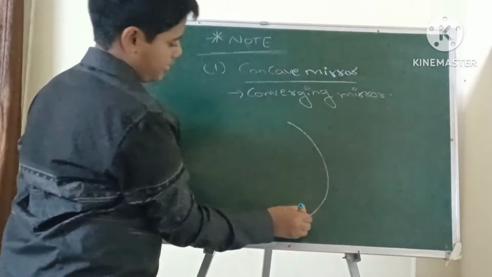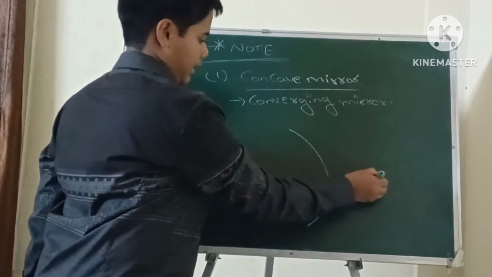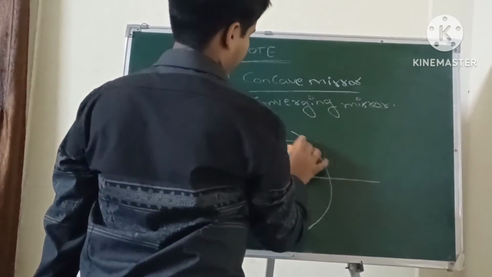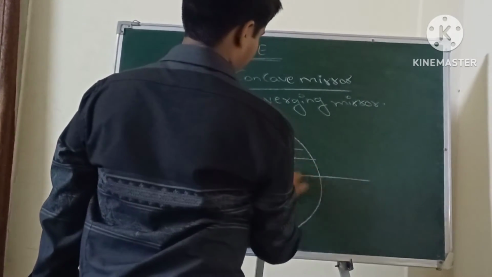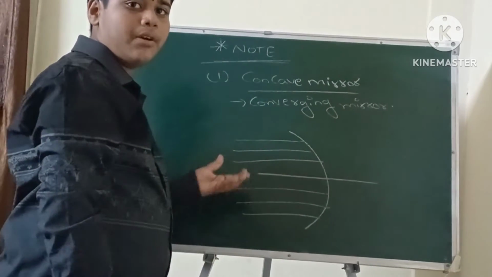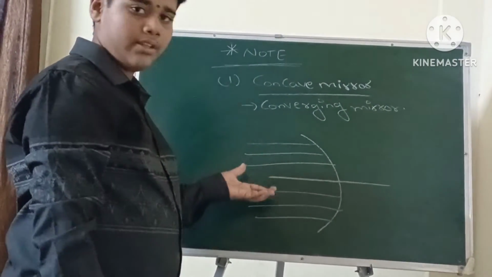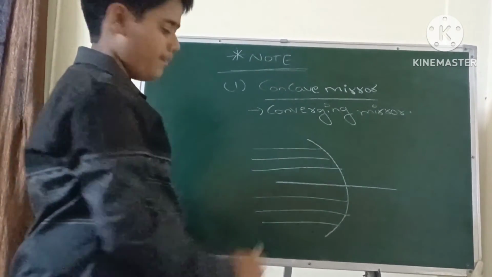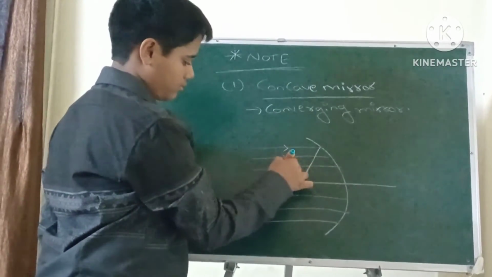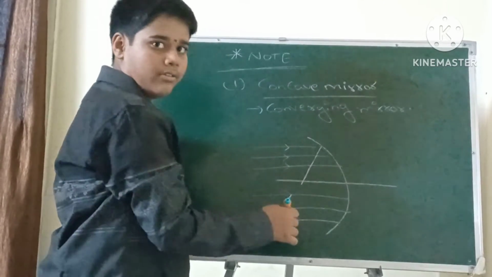If I take this as a concave mirror and this is the principal focus, and I give a parallel beam of light rays, all these are incident rays, as we already know.